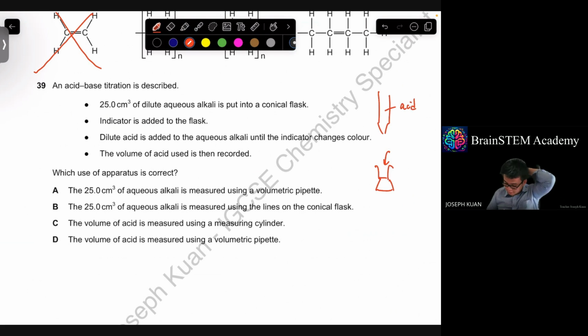Which use of apparatus is correct? Okay, given that we have a specific volume, 25.0 cubic centimeters of alkali, it must be measured by using a volumetric pipette.